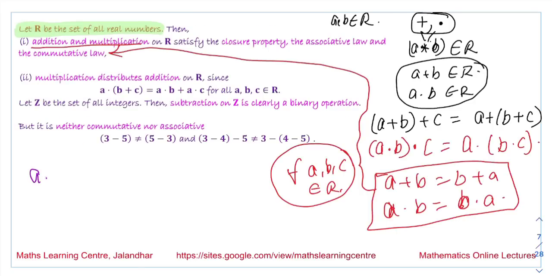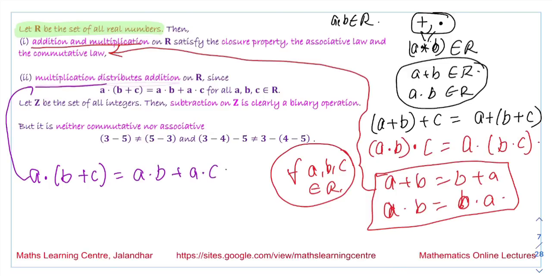Next, multiplication is distributive over addition: A into (B plus C) equals A into B plus A into C. But addition is not distributive over multiplication. There is no such property that A plus (B into C) is equal to (A plus B) into (A plus C).